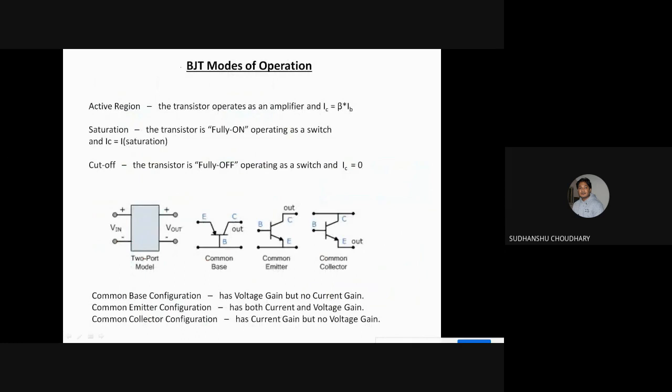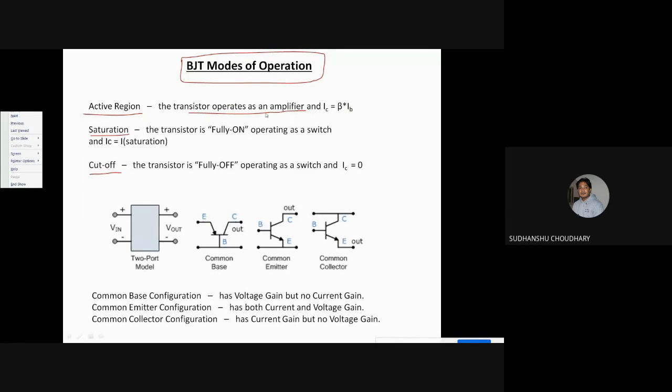Like in a MOSFET, there are various modes of operation of the BJT also. We have active mode, saturation mode, and also cutoff mode, similar to what we had for a MOSFET. In the active region, the transistor can be operated as an amplifier.